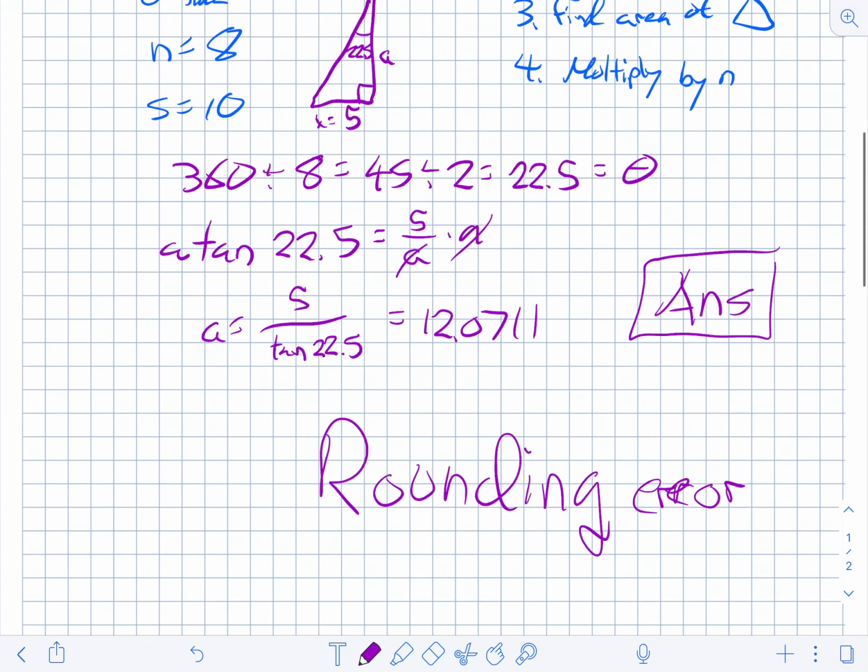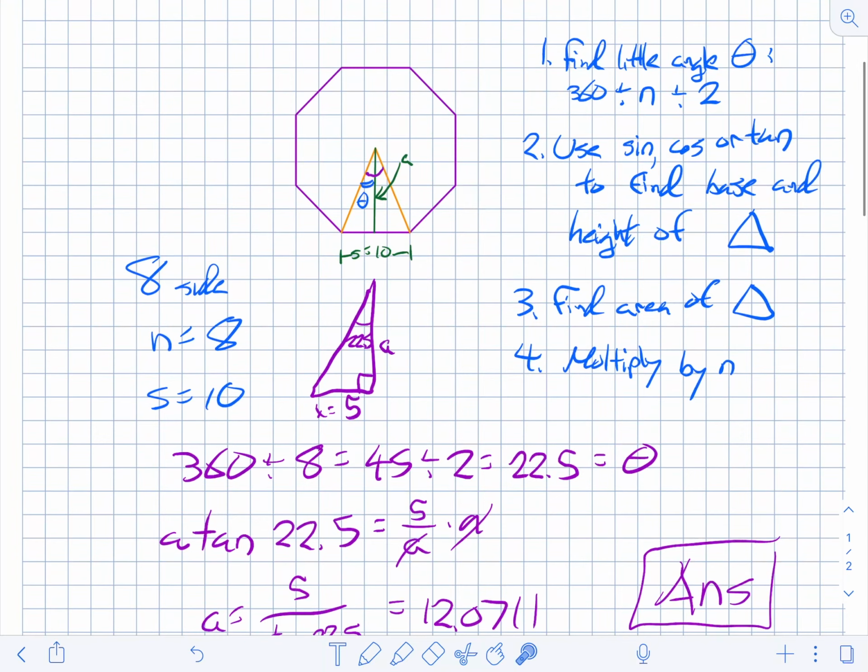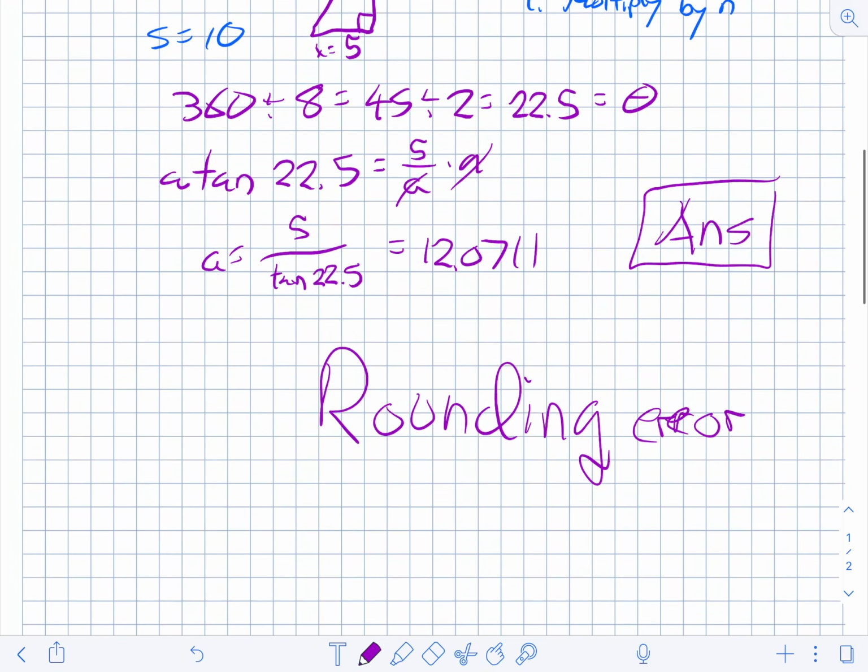Okay, we now, in our inner triangle, our gold triangle here, we've got the height of the triangle. That is the 12.0711. And we've got the base of the triangle. That's this side length 10. So we're ready to find the area of the triangle.